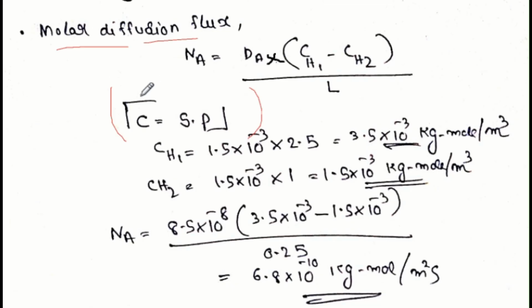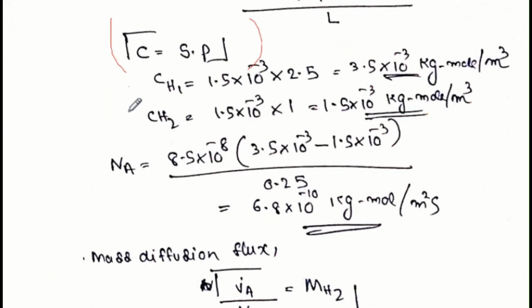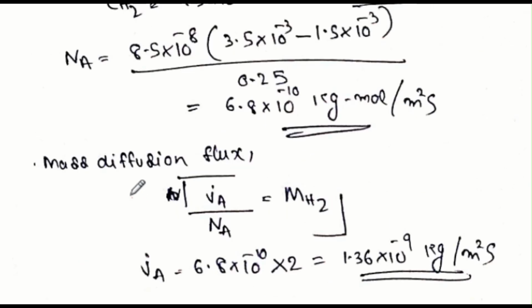They also asked to find the mass diffusion flux. So how do you find mass diffusion flux? There's a relation between the molar diffusion flux and mass diffusion flux. The ratio of mass diffusion flux to molar diffusion flux is the molecular weight of whatever gas we are using.